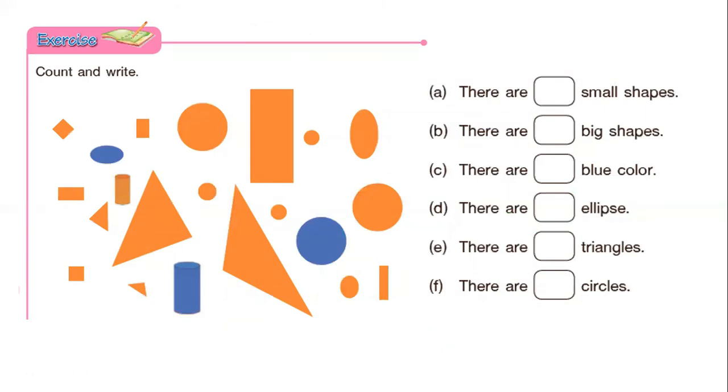Look at page 134. Count and write. I will answer for you part A. There are small shapes.